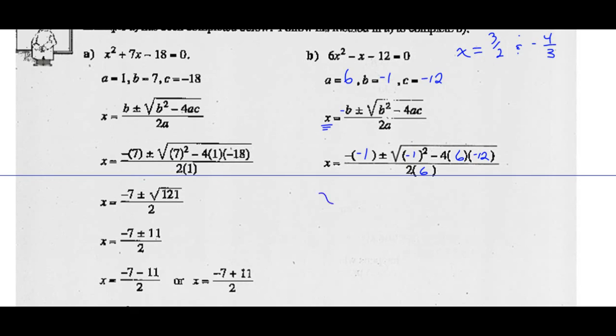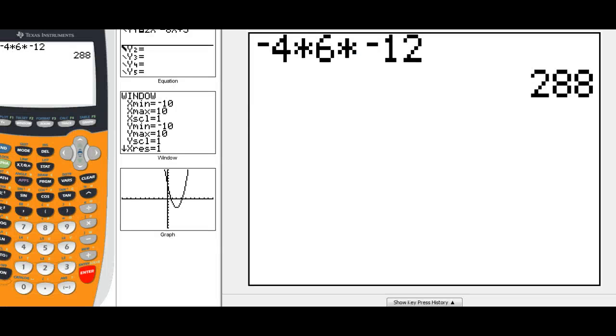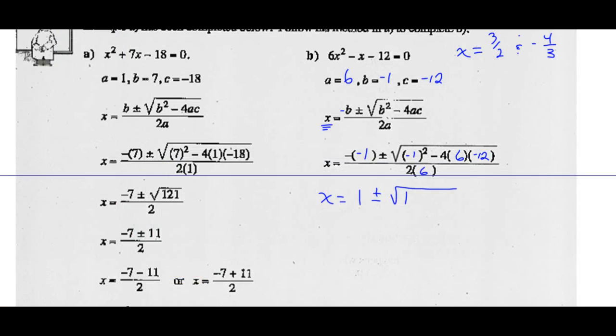All right. So x equals minus negative 1, which is like saying 1, plus or minus the square root of negative 1 squared, which is 1. Negative 4 times 6 times negative 12 is 288. So we would say 1 plus 288 all over 2 times 6, which is 12.